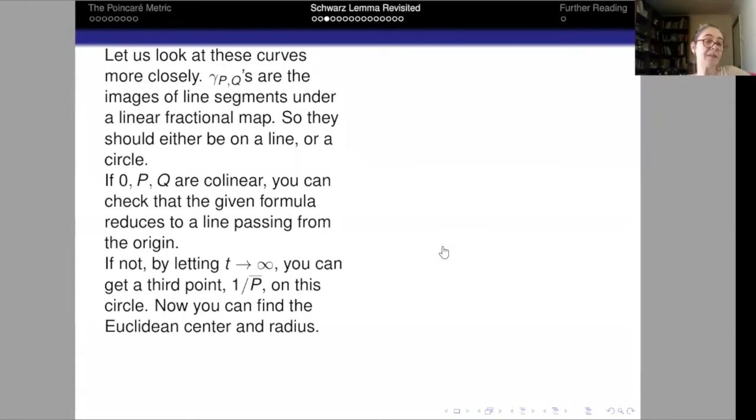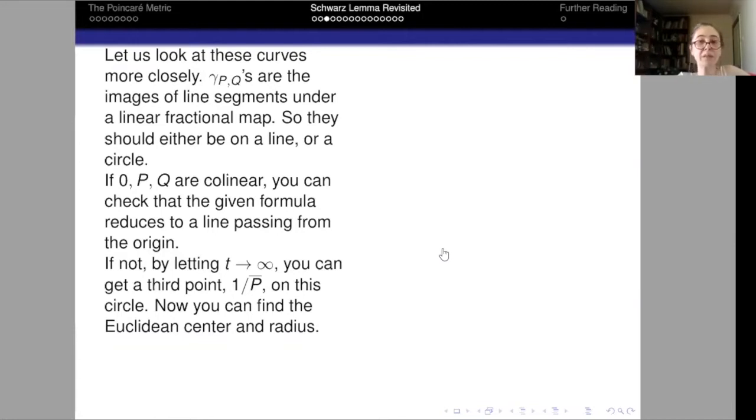But if not, you can let t equal infinity. Of course, here we took t between 0 and 1, but you can send it to infinity and see what happens. If you do that, you get a third point, which is 1 over conjugate b. This point is also on this circle. Now you can find the Euclidean center and the radius by classical computations of Euclidean geometry.